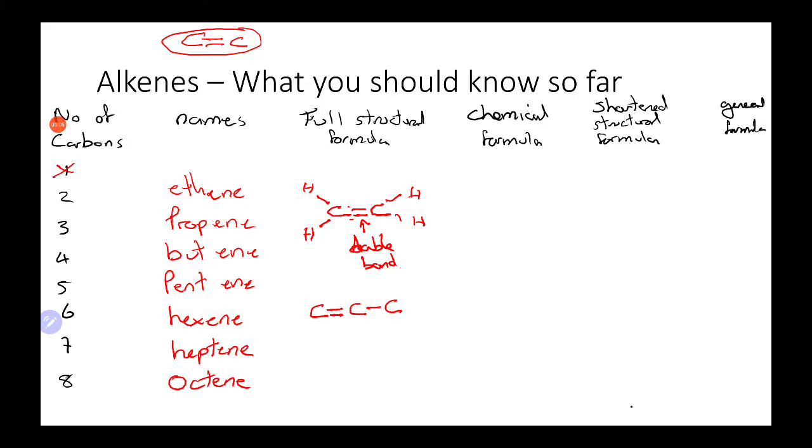So with this carbon, there's only one bond attached to it, so that means that it can take another 3, and we put hydrogens on. With this one at the end, it has only got 2 bonds, so that can take 2, that's 3 and 4.